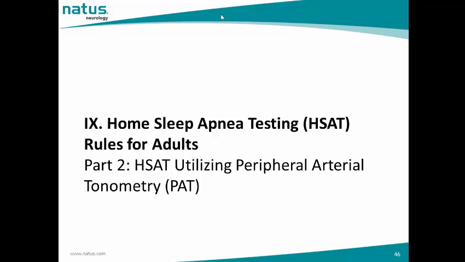Peripheral arterial tonometry is a technique that can be used to evaluate arousals induced by obstructive sleep apnea syndrome based on the sympathetic activity during sleep.